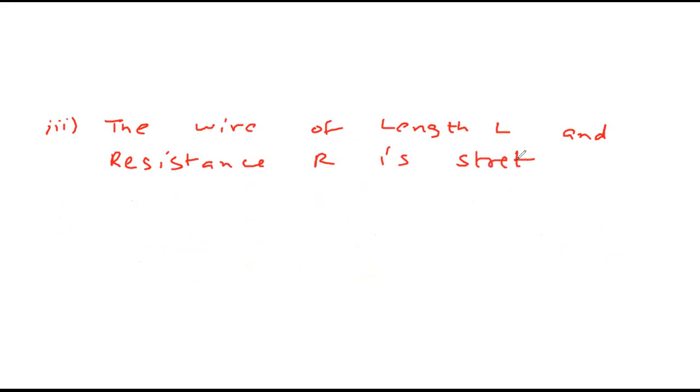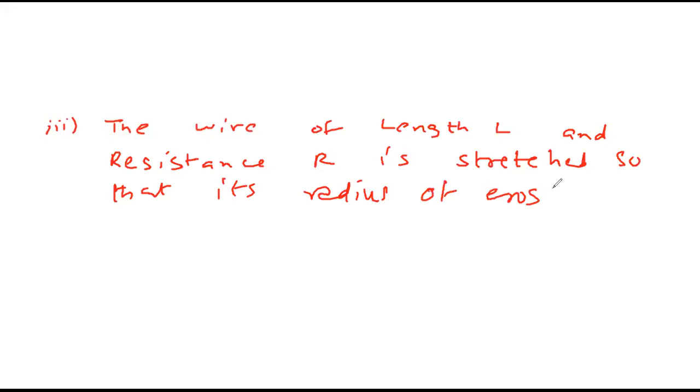The wire of length L and resistance capital R is stretched so that its radius of cross section is half.